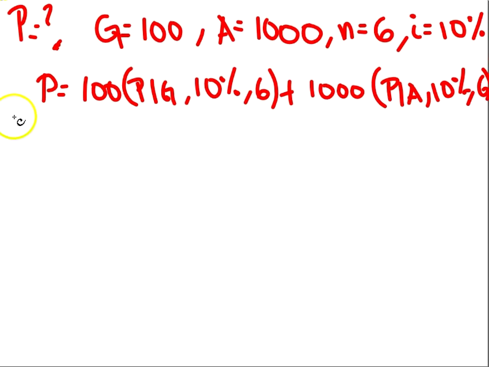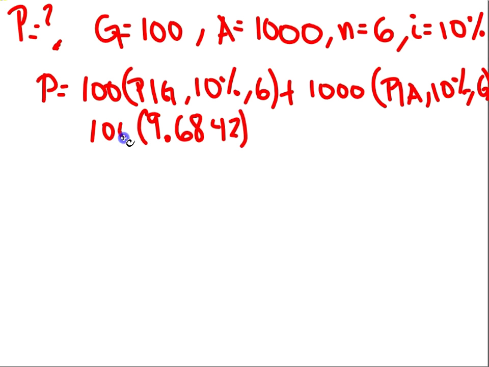Okay, so what we need to do is plug in these values for 10% and 6 in the formulas that we have for P given G, and the number that we would come up with would be 9.6842. Please check it using your own calculator. That's very important for you to practice.